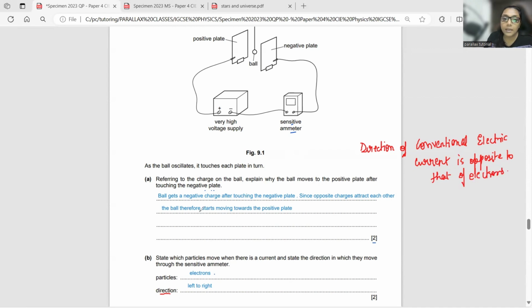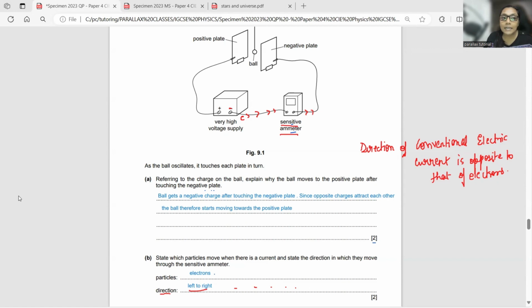Which means if you have to specify the direction of particles in this particular question, it will be electrons which will be repelled from the negative terminal of this voltage supply. Therefore, they will be flowing from left to right through the sensitive ammeter. And that will be your answer, left to right through the sensitive ammeter. I have just written it in just the keywords. You can just make it 1 sentence for the answer. And this carries 2 marks.